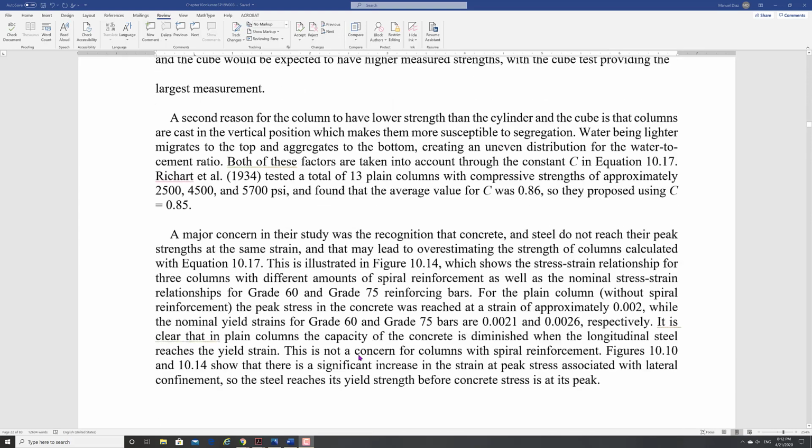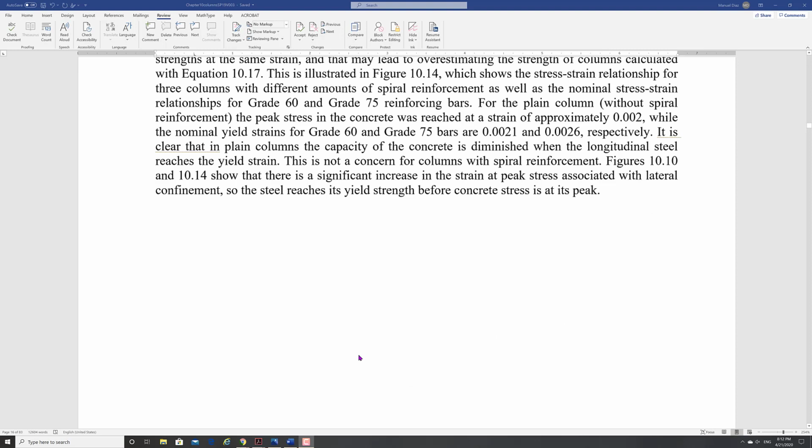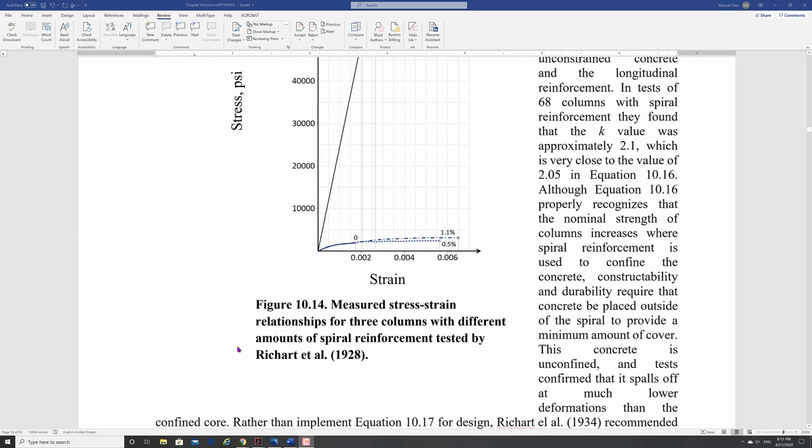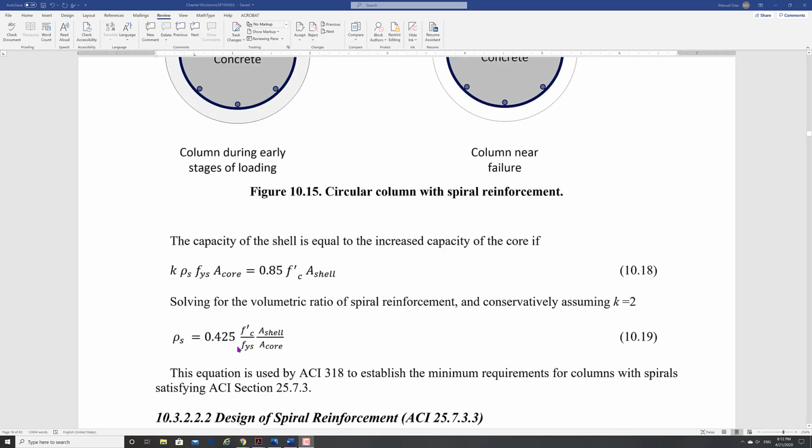All right, so now what we learned in the last presentation was the difference between a braced and unbraced frame, or a sway and a no sway structure. Okay. And why is that important?